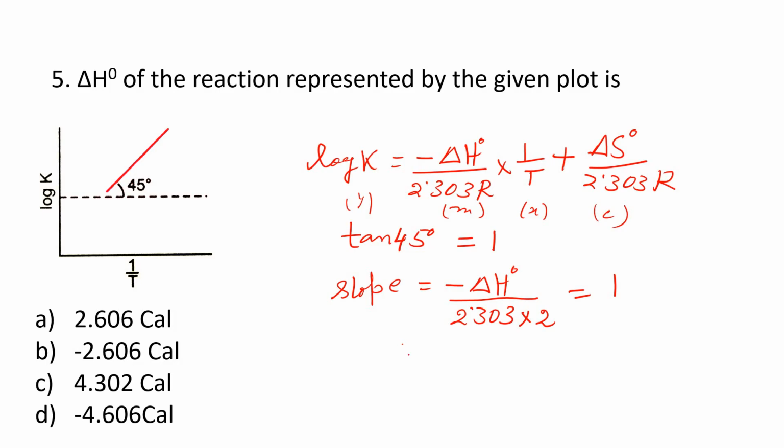So our delta H naught will be equal to minus 2.303 into 2. So it is coming as minus 4.606 calorie. So minus 4.606, this is the correct answer.